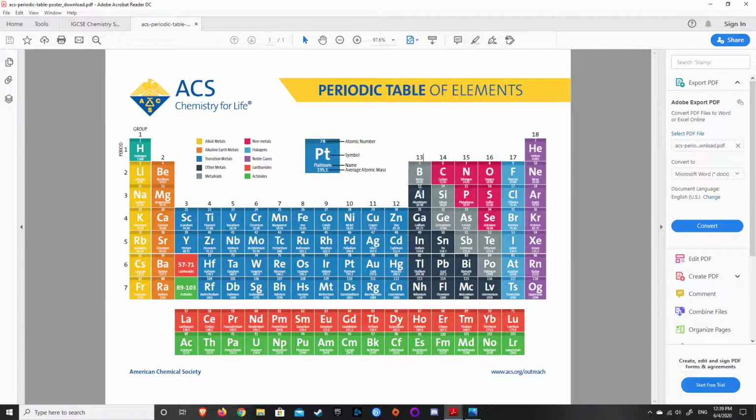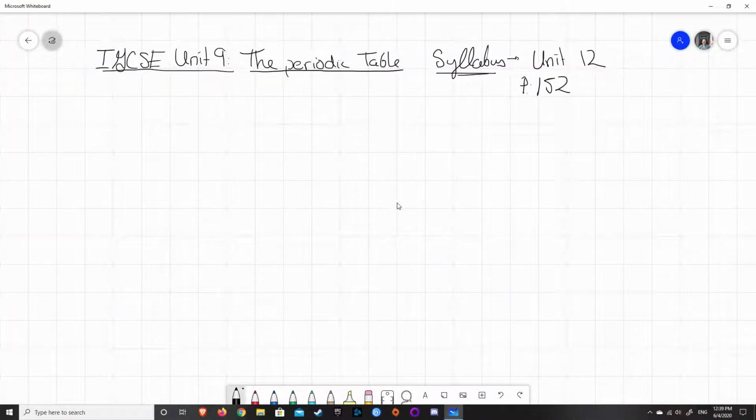If we look at aluminium, we'd say aluminium is group 3, period 3. If we look at arsenic right here, we'd say it's period 4, group 5. That's the first thing we have to cover.